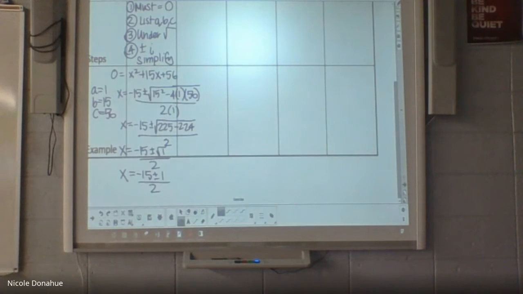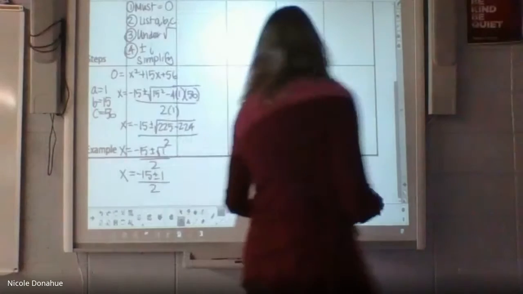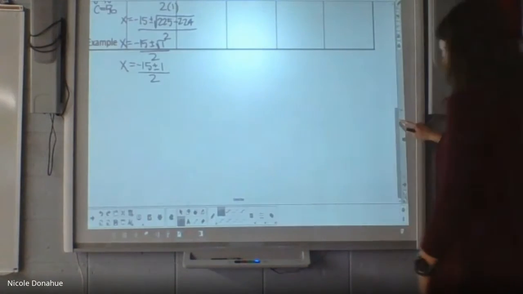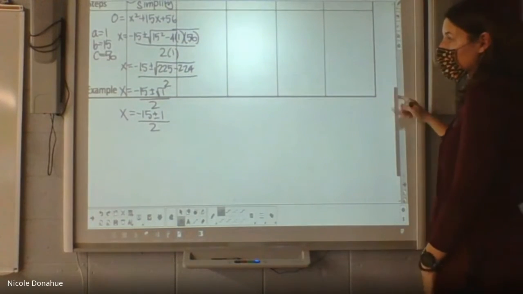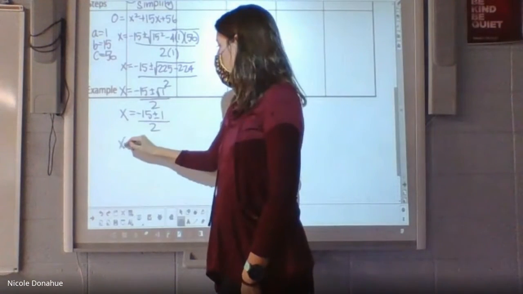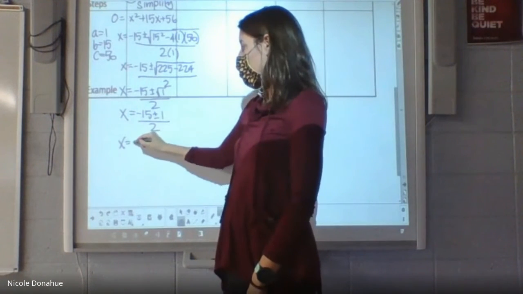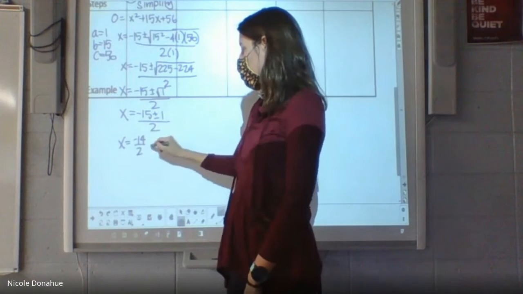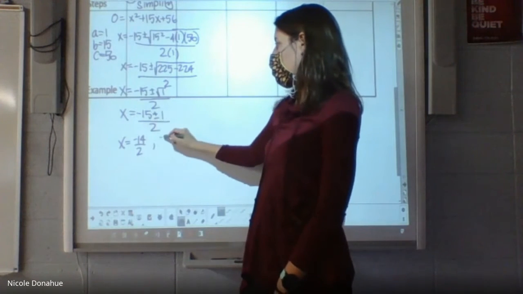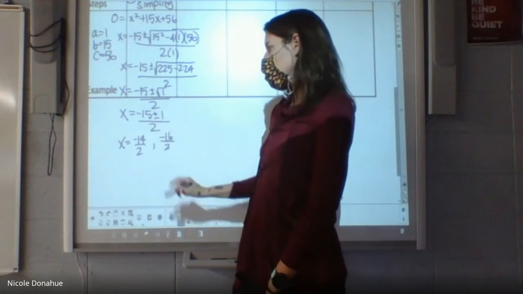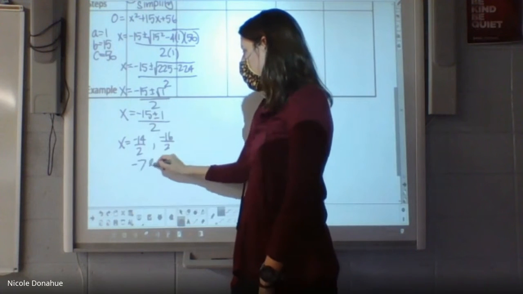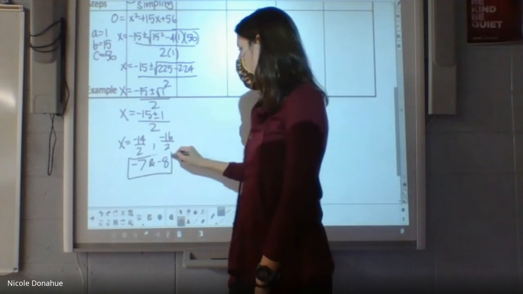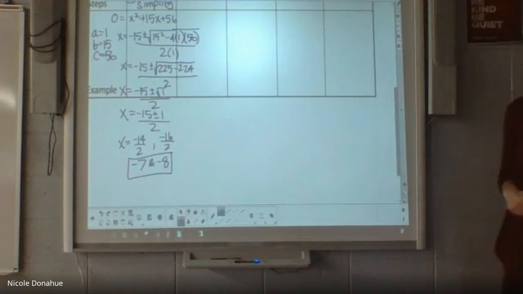So if you need to include i, this one doesn't have an i because it's not a negative number. But watch out for that. So in this case, I'm going to do negative 15 plus 1, so negative 14 divided by 2. And also negative 15 minus 1, so negative 16 divided by 2. So we get a negative 7 and a negative 8 as our two answers.